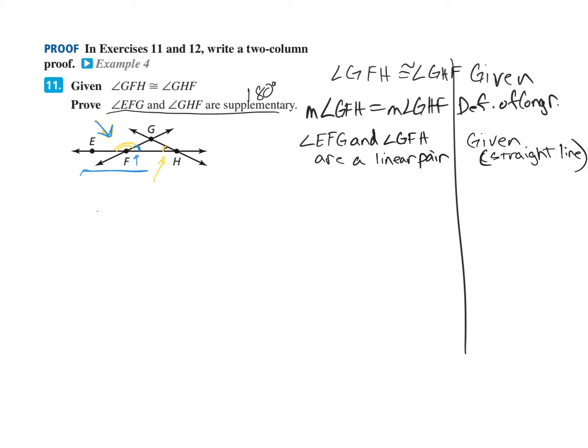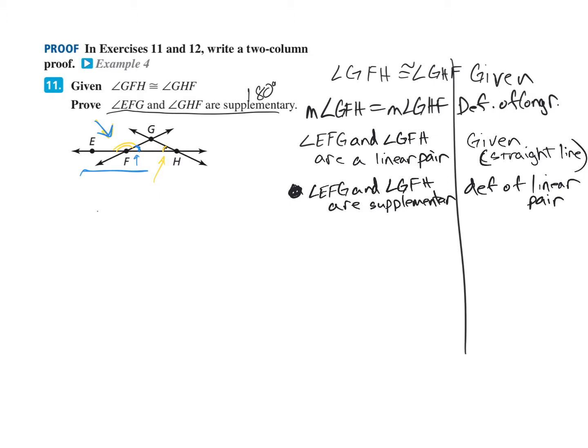Okay, and then if they're a linear pair, that means the angles, angle EFG and angle GFH, are supplementary. Okay, definition of linear pair.